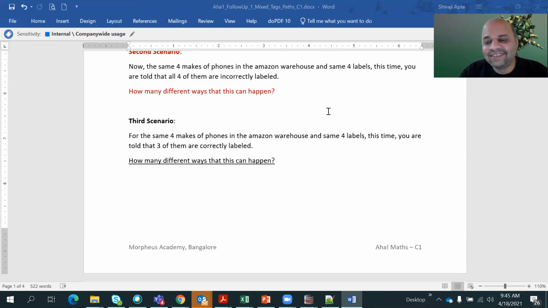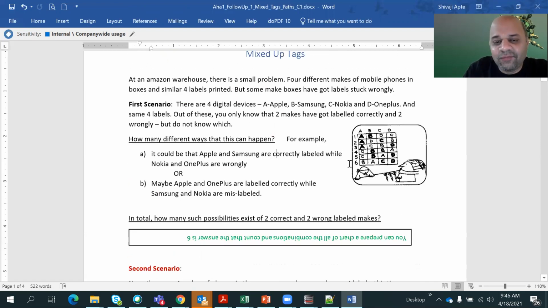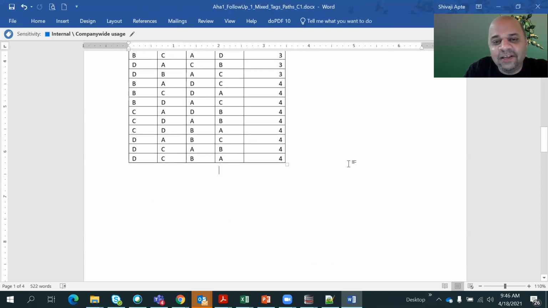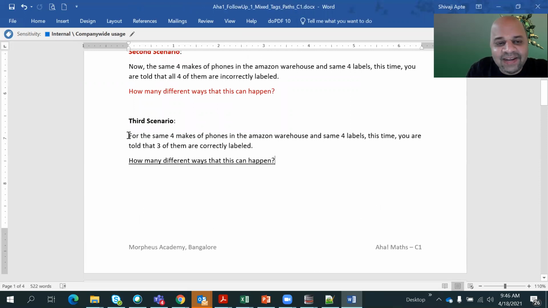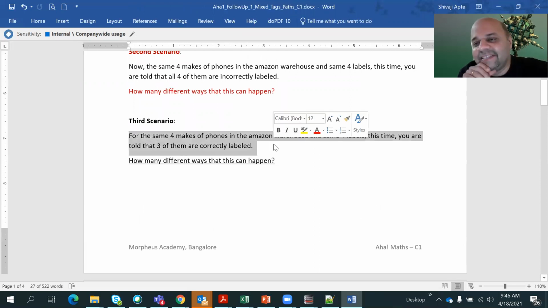For this answer you don't have to create the table. If I asked you 2 of them correct, or 2 wrong, 3 wrong, then you have to calculate by putting a table. But if I ask the third scenario directly, you can give the answer without counting anything, just by logic.